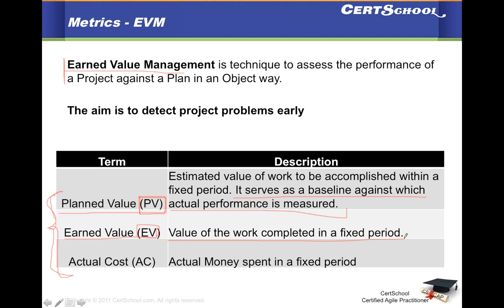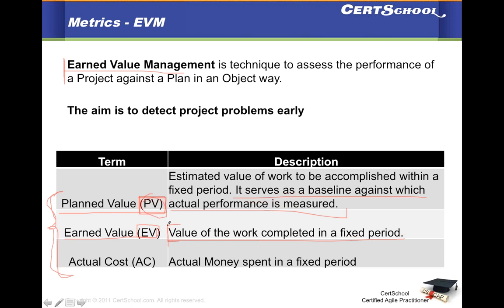Let's say you have 3 sprints for that release, a month-long sprint each. So at the end of the first sprint, have you actually put out a third of the value that you planned?